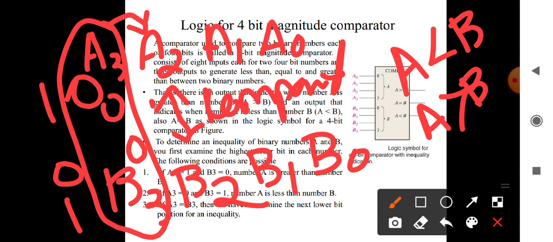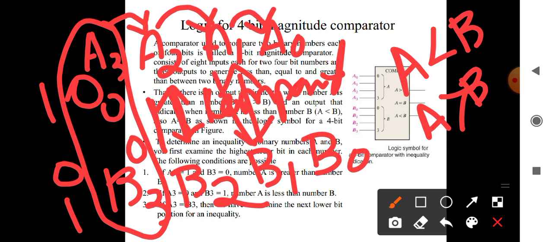If A2 is equal to B2, then it will see the next bits A1 and B1 and compare them. If A1 is equal to B1, then it will go for the next bit A0 and B0, and check the three conditions: A0 is lesser than B0, or A0 is greater than B0.